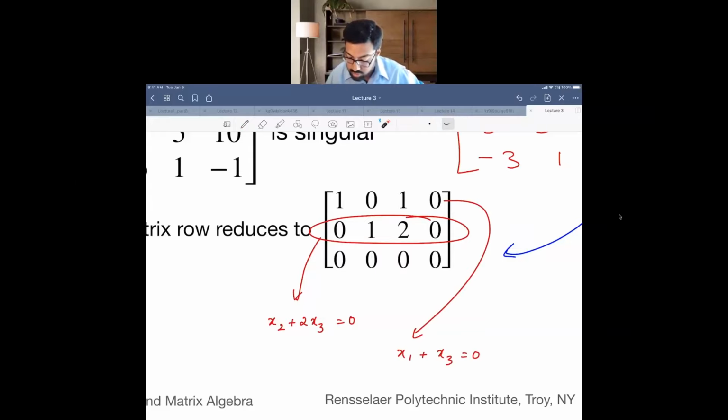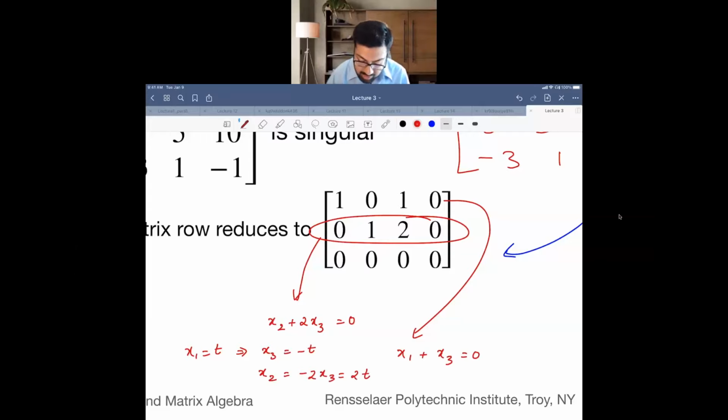Clearly I can pick arbitrary values, right? I've got 2 equations and 3 unknowns, so I'm going to have infinitely many solutions here, as long as they are consistent. So I can pick, say, x1 equals t. That will imply that x3 equals negative t, and that x2 is going to be negative 2x3, which is going to equal 2t, right?